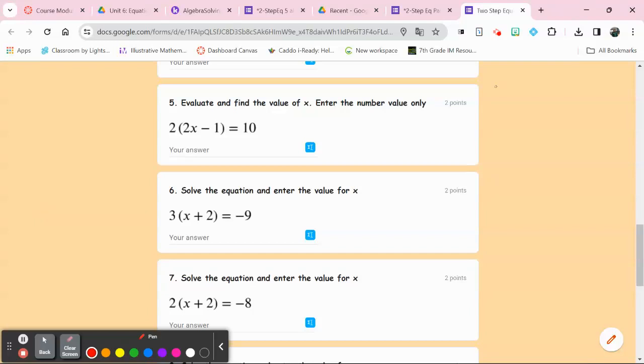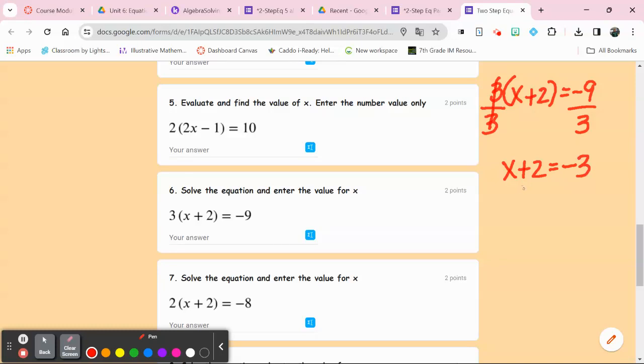All right, let's go. We've got 3 times the group, x plus 2 equals a negative 9. So if we divide first, we divide both sides by the number in front of the parentheses, leaving us with one group of x plus 2 equals, we've got one negative, negative 9 divided by 3.